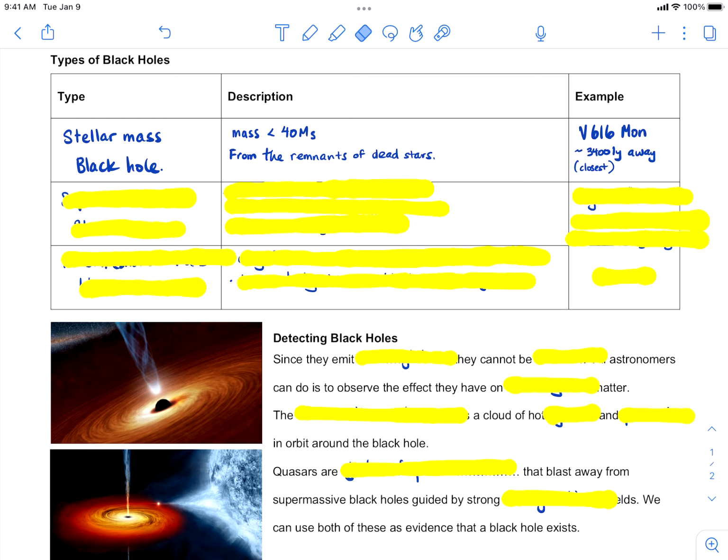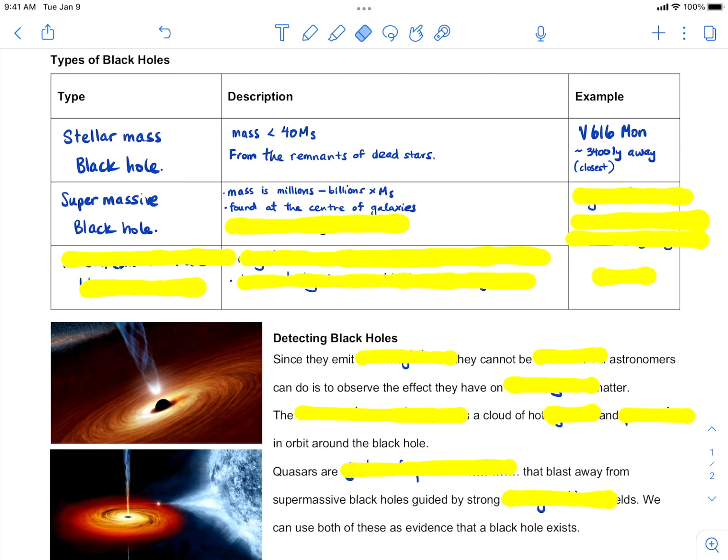The other kind of black hole that's pretty well known are what we call the supermassive black holes. These ones have masses that are millions or billions times the mass of the sun, right? So stellar mass black holes are up to about 40 times the mass of the sun. These supermassive black holes are millions or billions times the mass of the sun. They're really, really big.